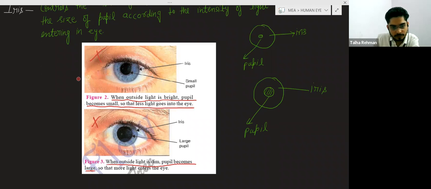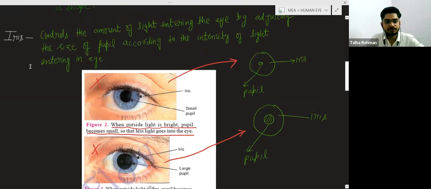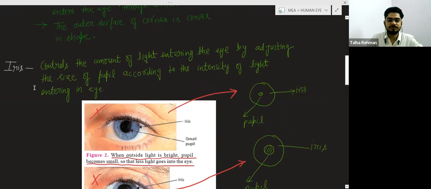You can either draw this, and for this you can draw this. See here, the size of the pupil is large, and here the size of the pupil is small because here the light is more, here the light is less. So you can now write down cornea and iris.